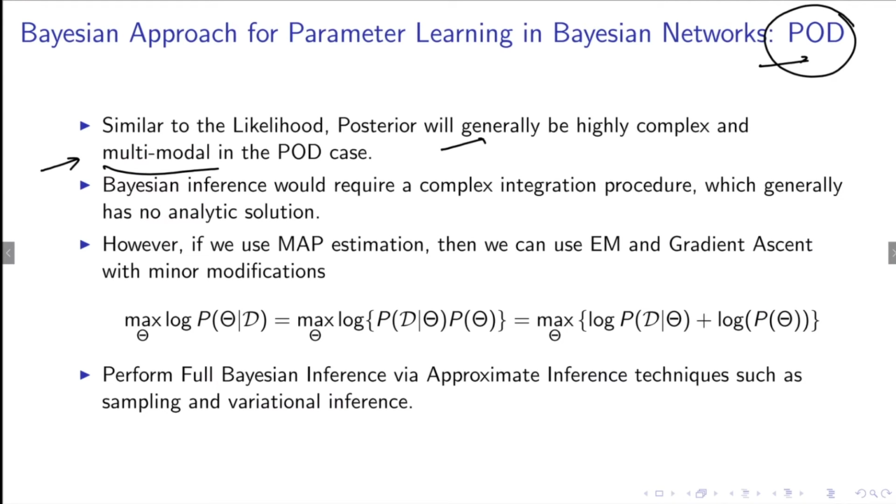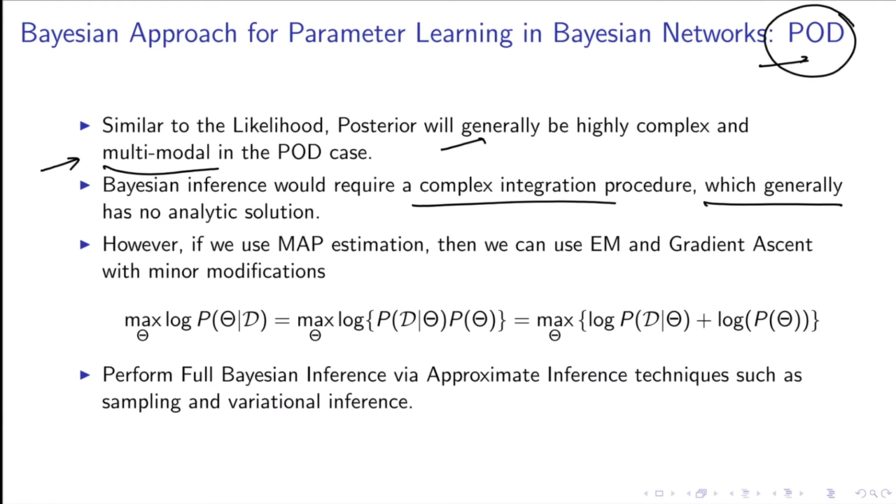And the consequence of the posterior being complex and multimodal is that Bayesian inference, or Bayesian prediction, if you want to sample a new data point, would require a complex integration procedure, right? And this complex integration procedure will have no general analytic solution.